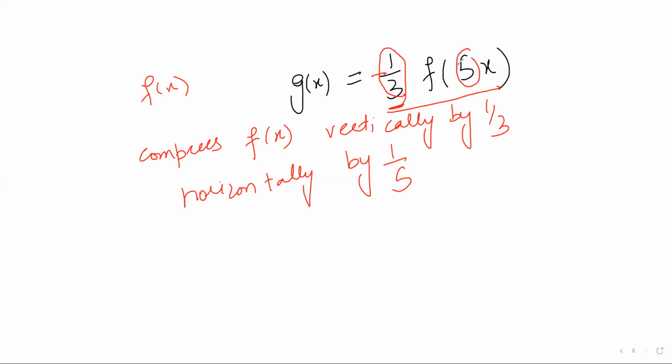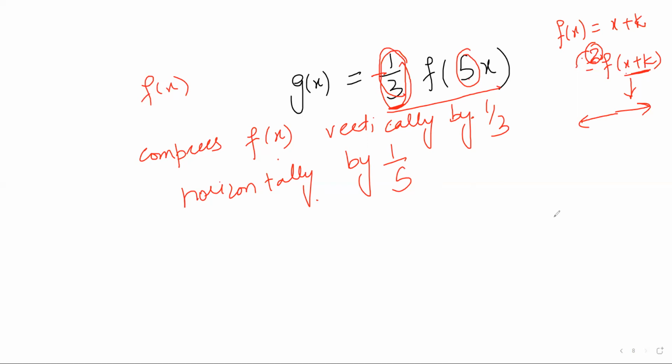We have learned that f of x plus k, if it is inside the bracket, was moving left and right, remember? Left and right means it was a horizontal factor. But if the 2 is multiplying outside, it means it's a vertical factor. So it is compressing f of x vertically by 1 by 3, but horizontally by 1 by 5.